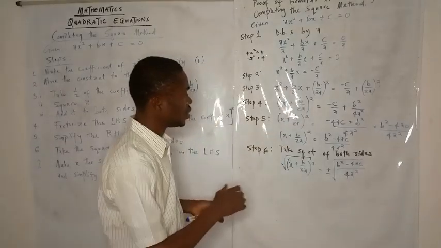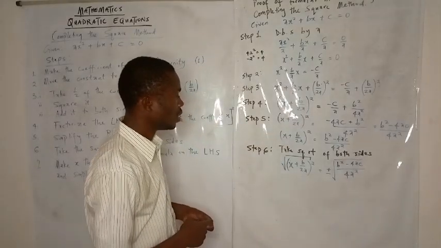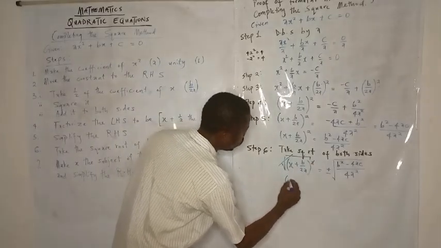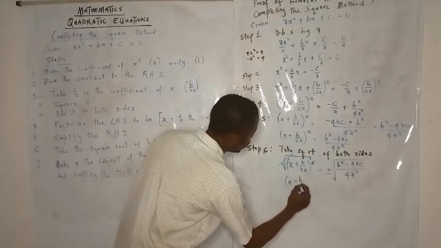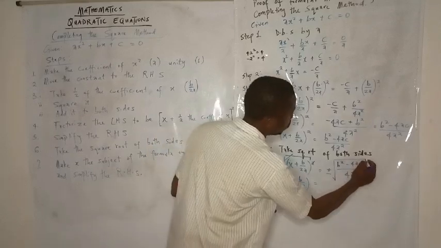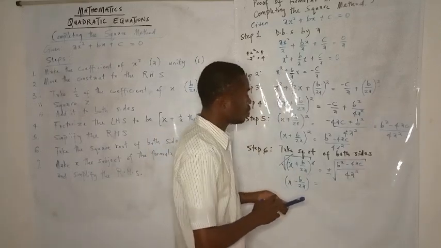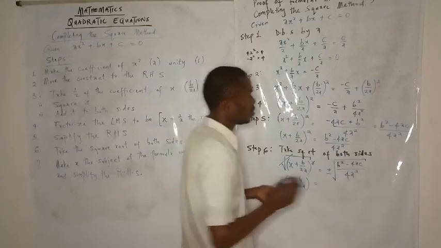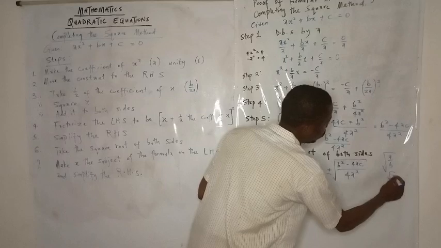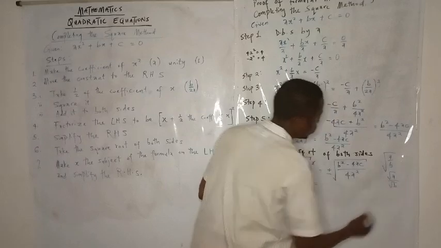Here the square can cancel the square root. So we have x plus b over 2a is equal to... if we have root a over b, this is the same thing as square root of a all over square root of b.